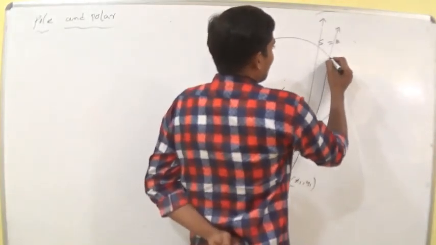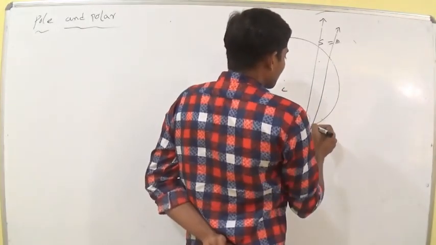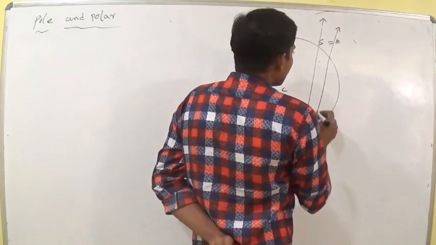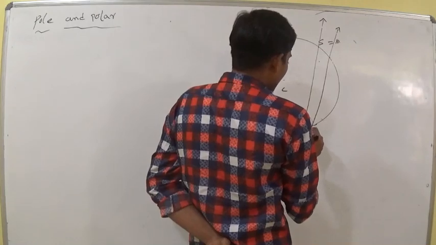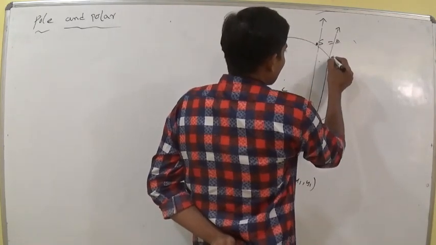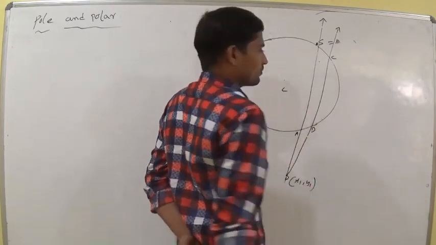So secants means a line with two common points with the circle. Suppose A, B, C, D.